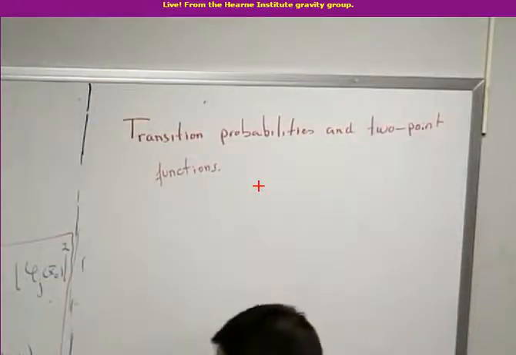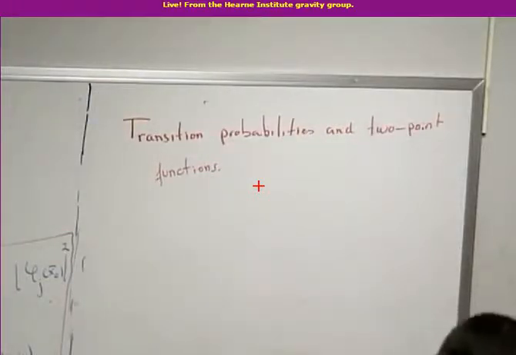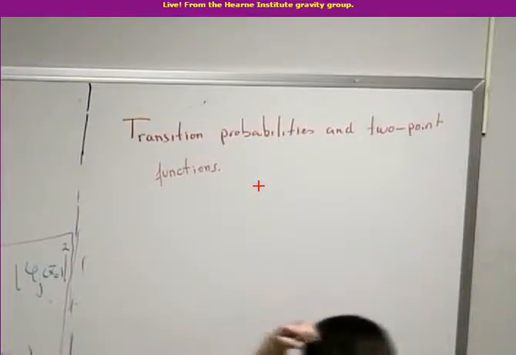All I want to say is that there is a quite elegant way of writing these two transition probabilities in just one single expression, which involves the 2-point function.